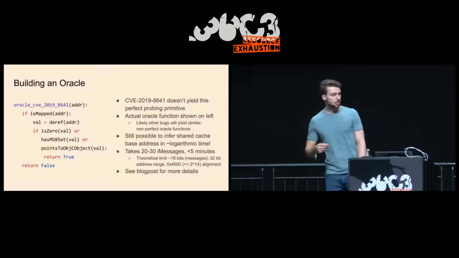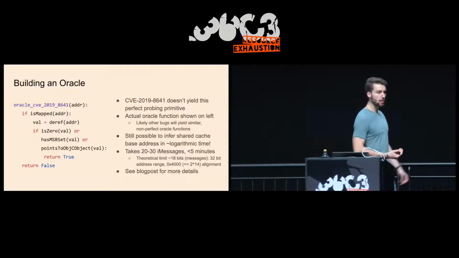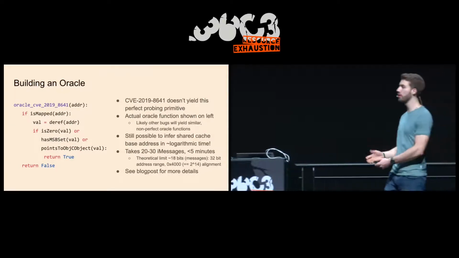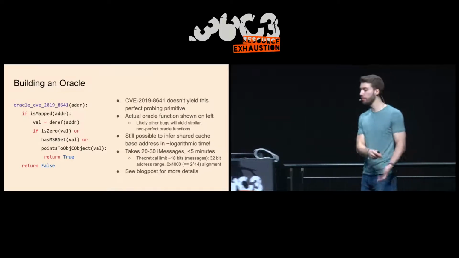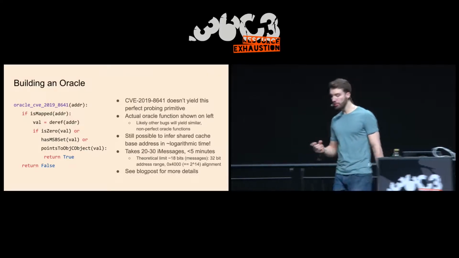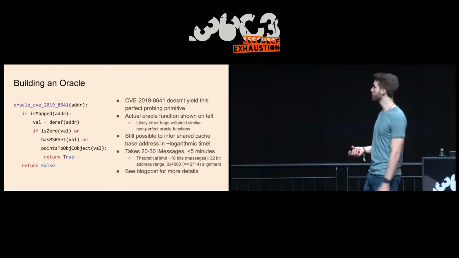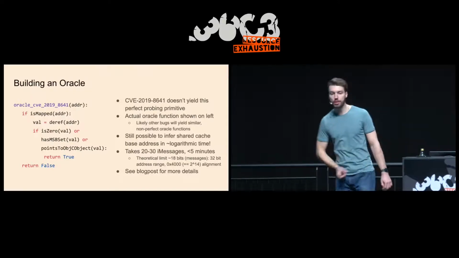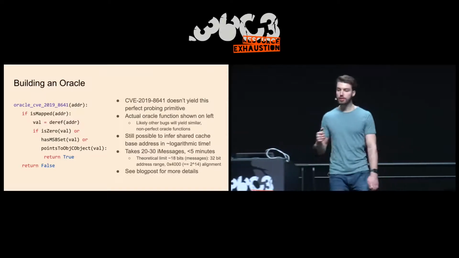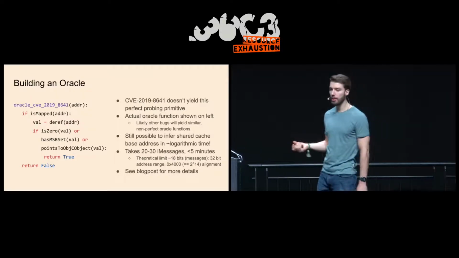So ideally, you have a vulnerability that gives you this perfect oracle of whether an address is mapped or not: crash if it is not mapped, don't crash if it is mapped. In reality, you probably will not get this perfect oracle from your bug. On the left side, you see the real oracle function for this vulnerability, which is, well, it has to be mapped, okay.